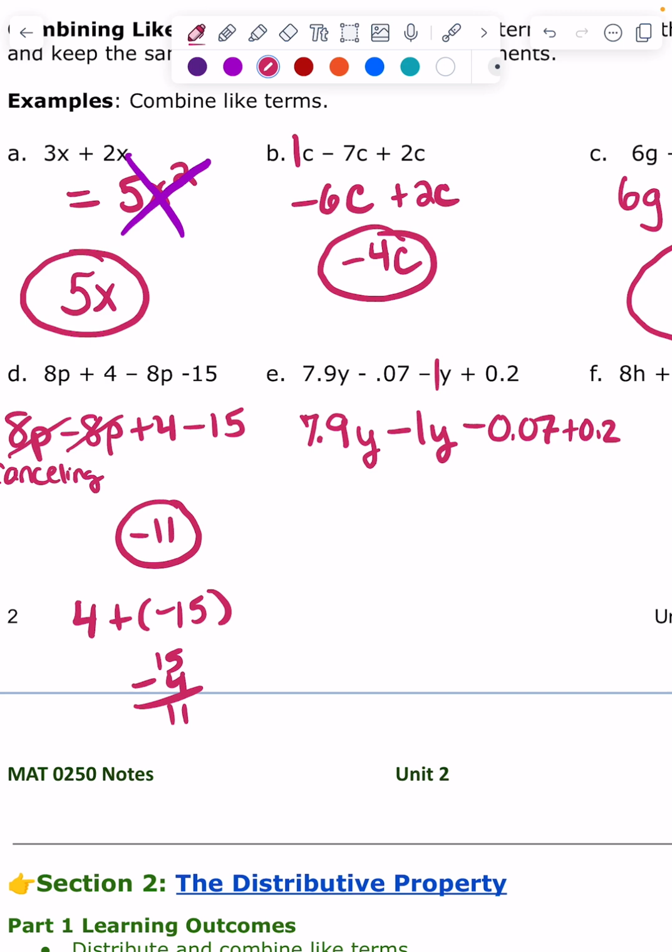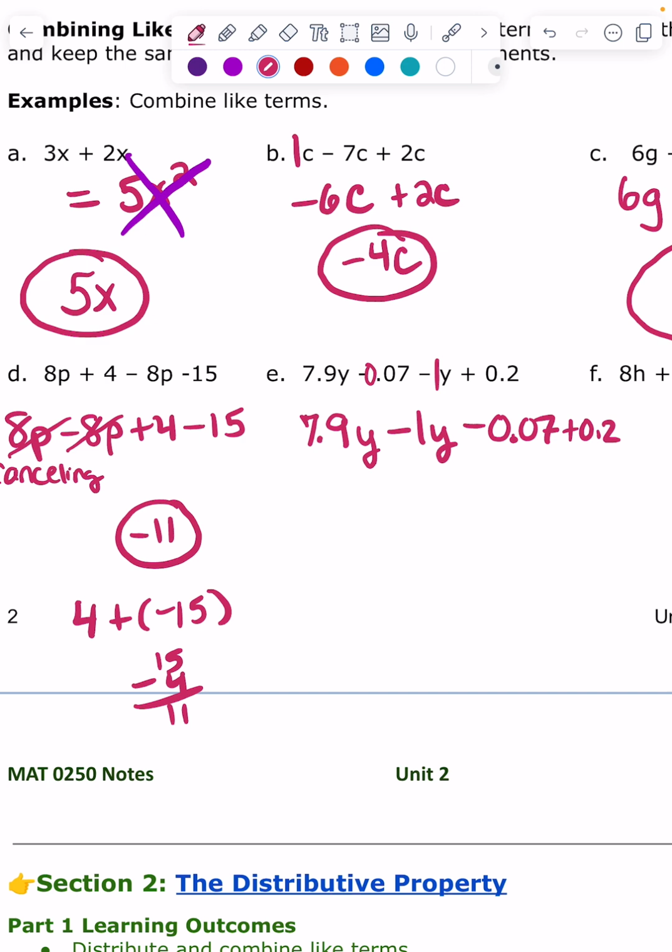You'll notice that I put a 0 as a placeholder. That really should be there, and probably by the time you look at these, it will be. You don't have to have that 0 in front of the decimal. It doesn't change anything. It's just a good placeholder to indicate that the whole number is 0.